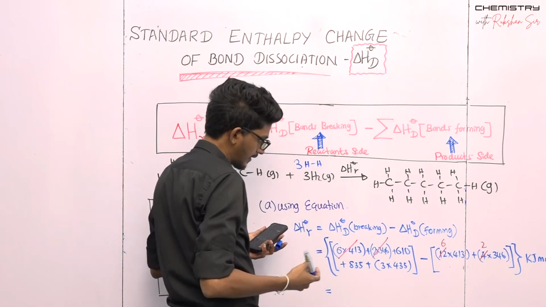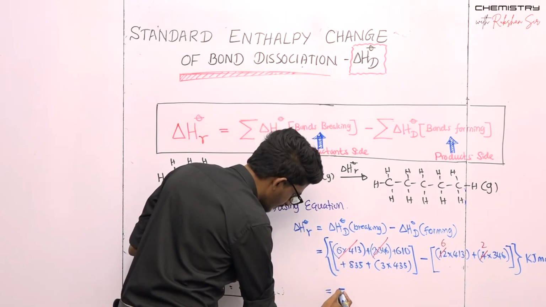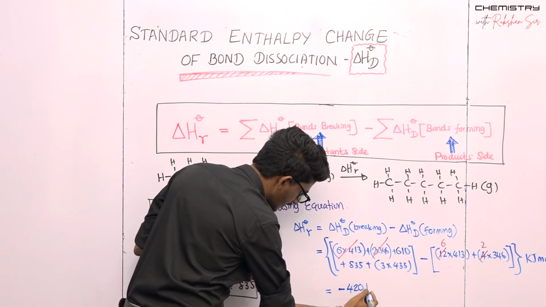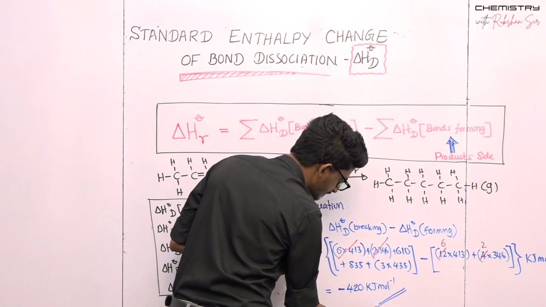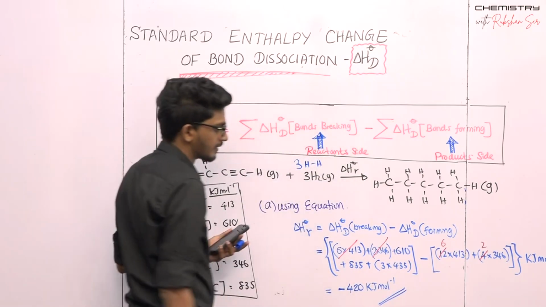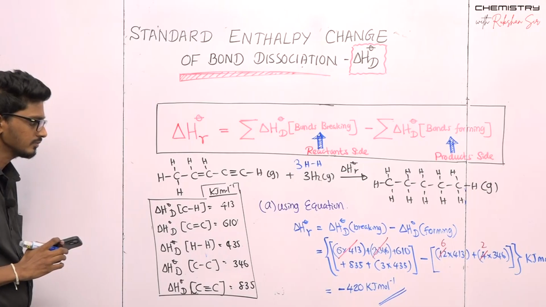So the number is minus 420 kilojoules per mole. Right, that is the number.